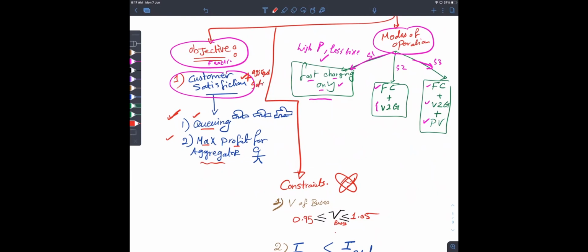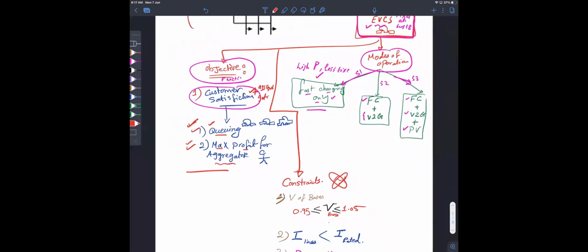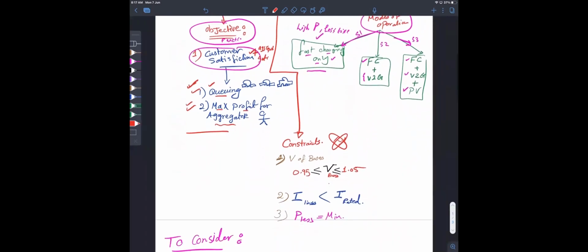So queuing, and also the maximum profit for the aggregator. The aggregator should set the sell price and some stuff like this, such that he can have the maximum money. So these are the objective functions: customer satisfaction and aggregator satisfaction.